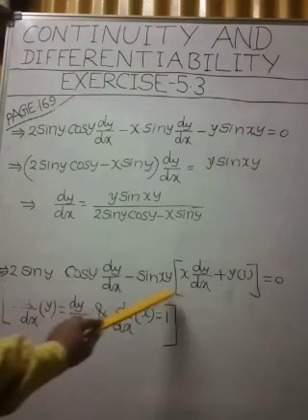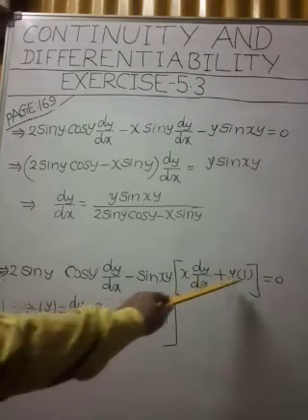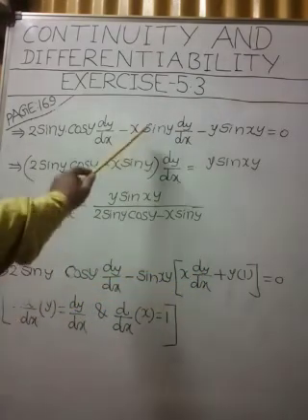Here we are using the distributive property. You have already learnt what is meant by the distributive property. We have to multiply each and every term by this term. So what do you get here?